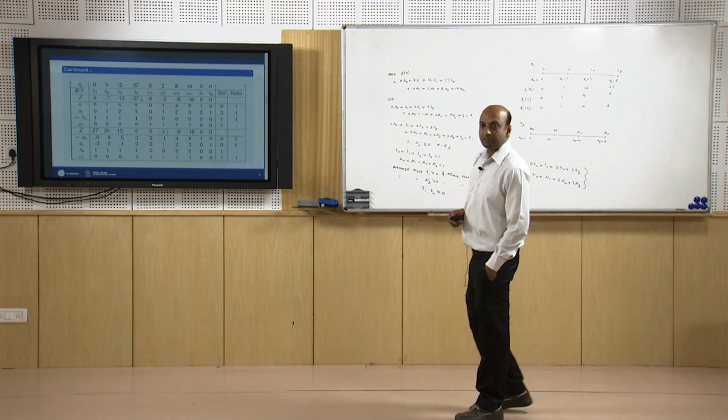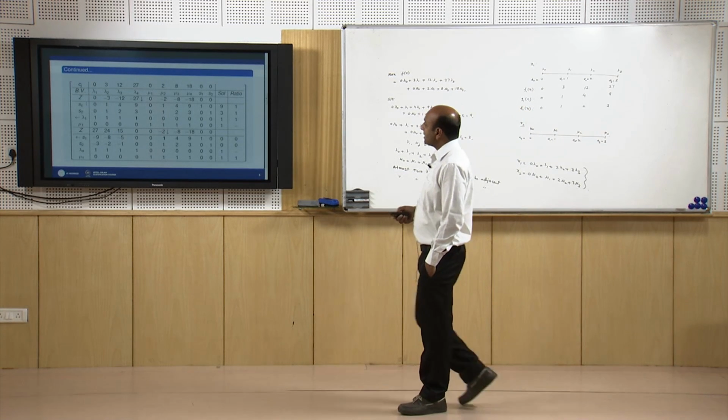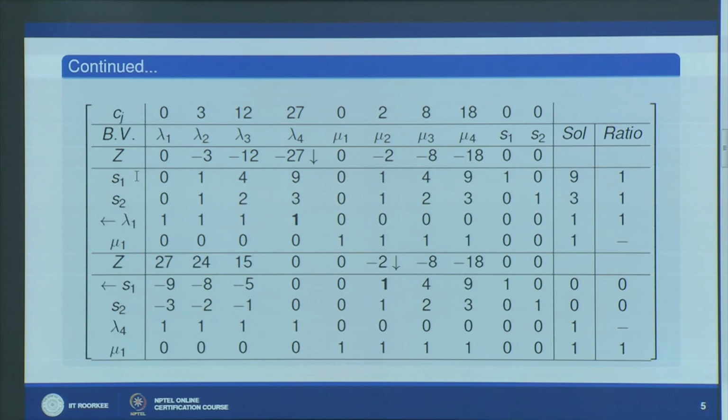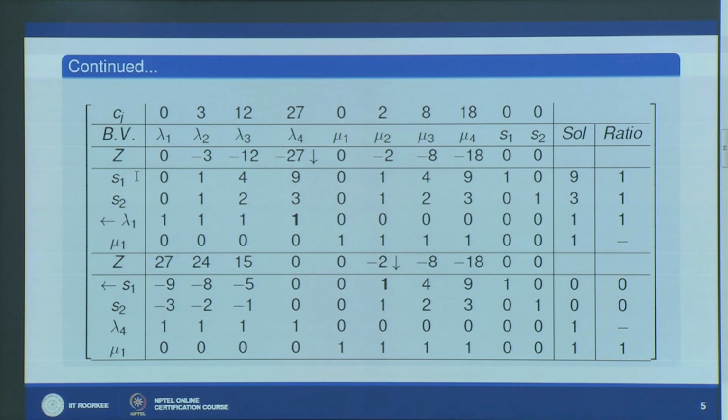Now, how to solve this problem? Let us see. So, first we will make the first simplex table. We have seen that this is the LPP. Okay. Here it is lambda 1 and here we are having lambda naught. Okay. So, how to solve now? We write all the variables here.